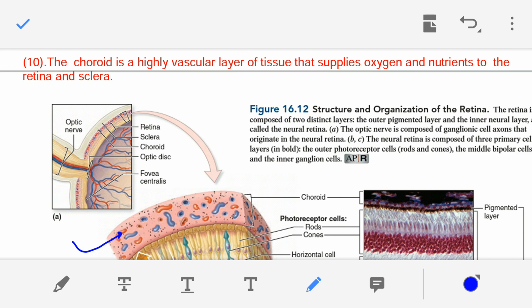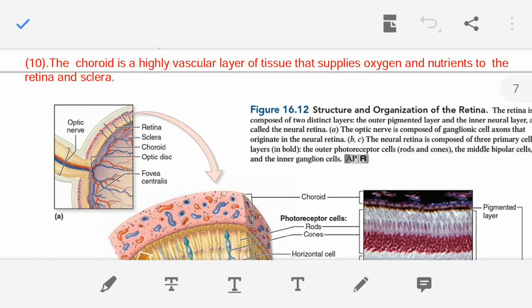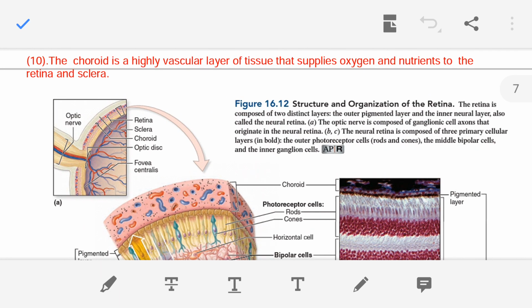Many blood vessels are present in this layer, and these blood vessels supply oxygen and nutrients to the retina and sclera. So the cells of the sclera and retina are nourished and get their oxygen supply from the blood vessels of the choroid.